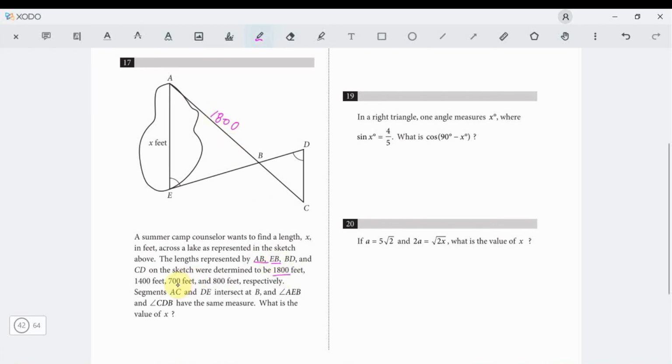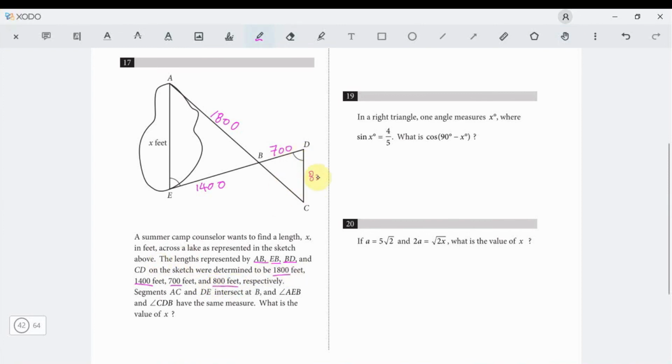EB is 1400, down here. BD, they told us BD is 700. And the last one is 800, that is CD.